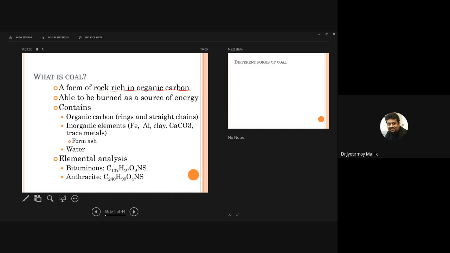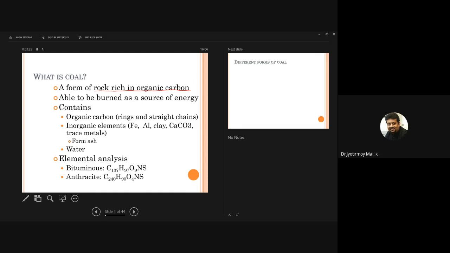Nowadays, I don't think anybody asks that question because coal is coal. Why do I have to put it into some bracket? But nevertheless, let's discuss whether we can classify coal as a rock.